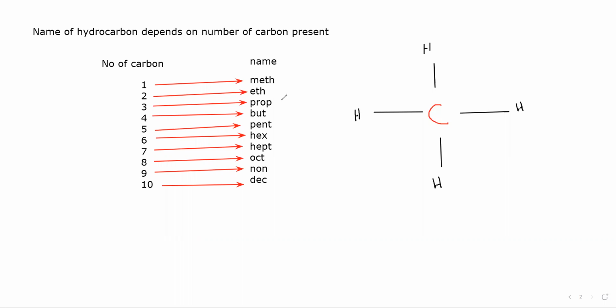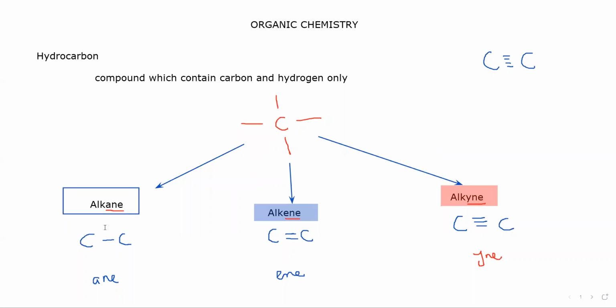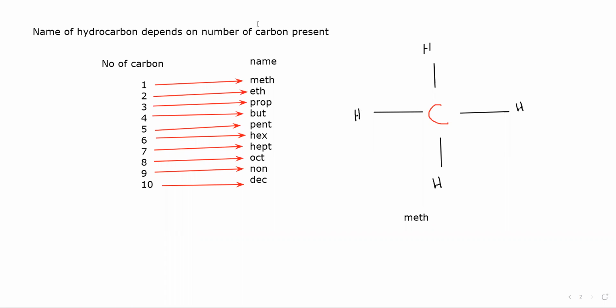Now, if the question is to name this compound, how do we name it? Because of 1 carbon, I will write meth. And because of a single bond, as I showed in the previous slide, we call them ane, A-N-E.